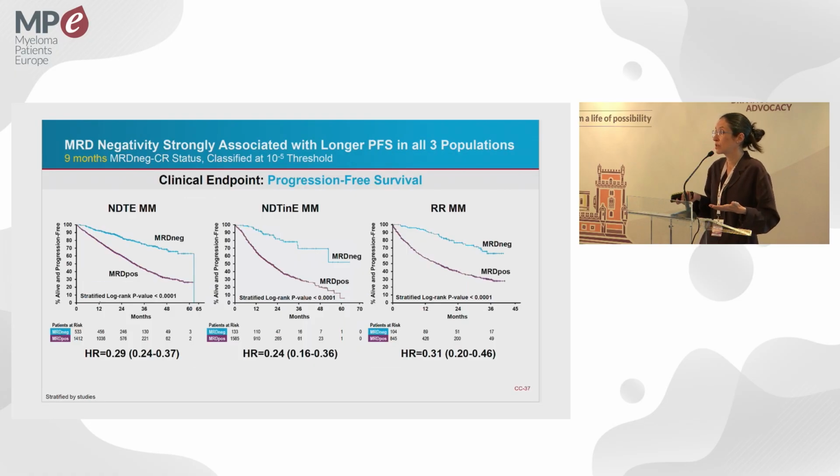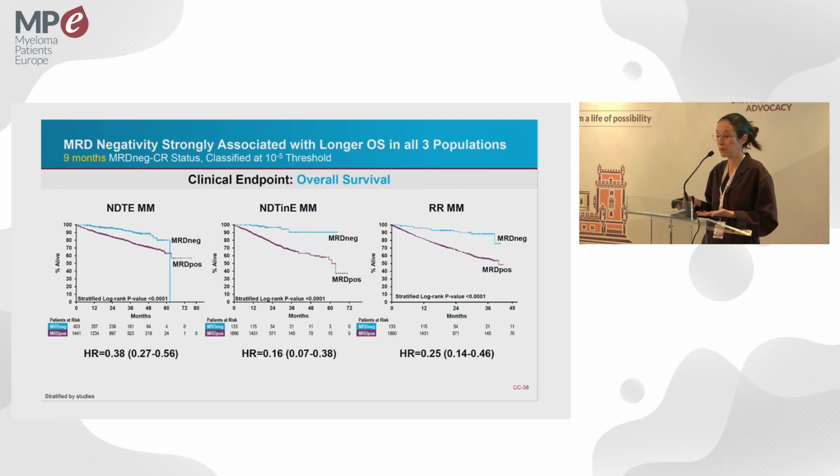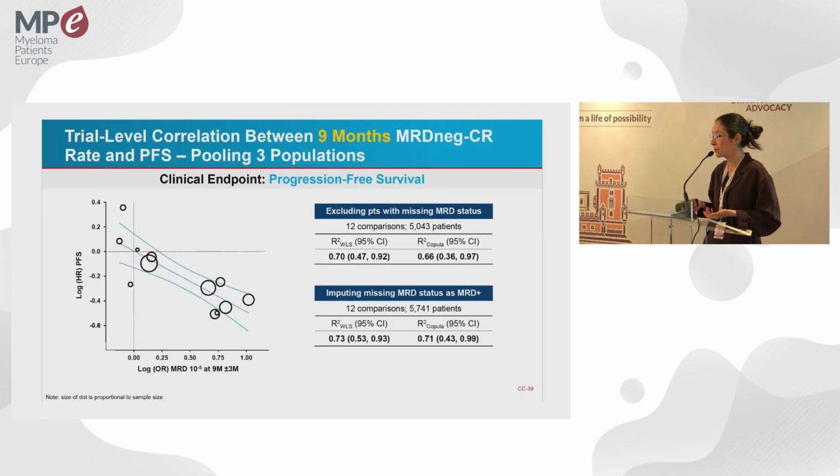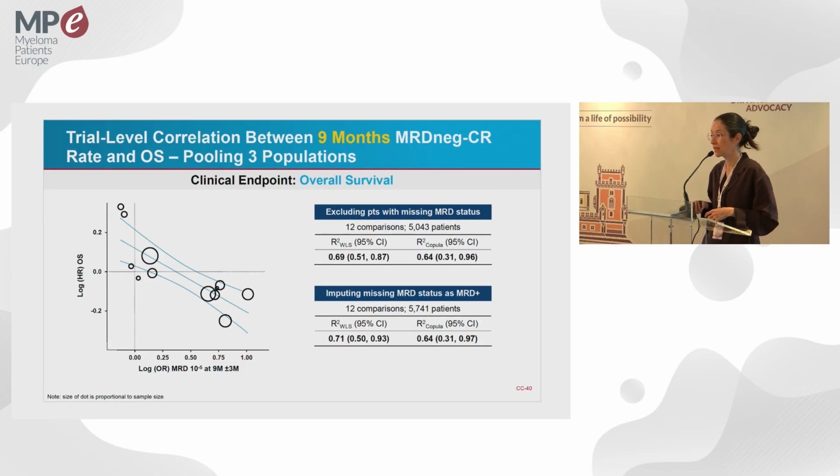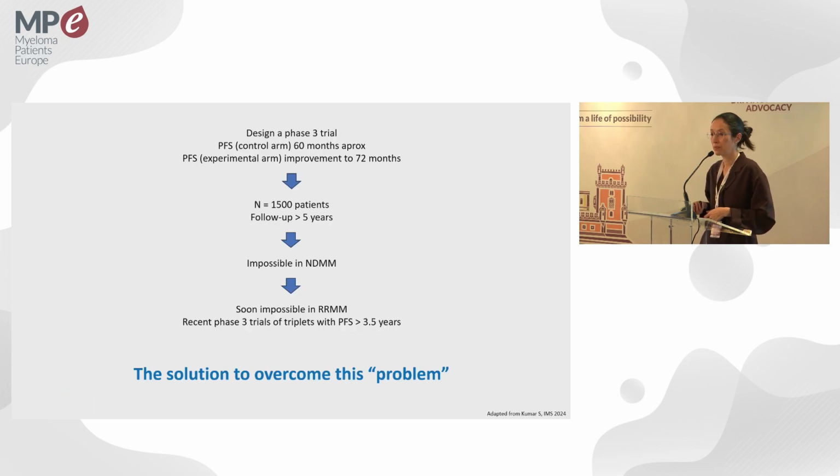And basically, the results have confirmed what we already knew in terms of progression-free survival, in terms of overall survival, and also in terms of, at the trial level, a little bit less evidence, but in my opinion, good enough to go ahead with this, which I find a step forward to solve the problem that you have in the slide right now. So now we are very happy with the results of the trials that we are applying in patients with myeloma.